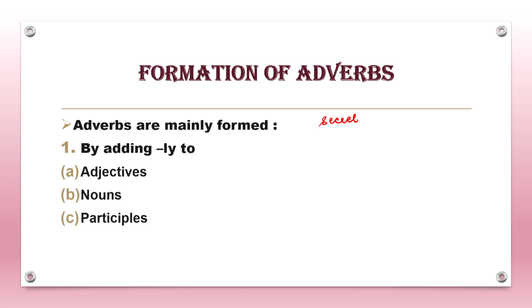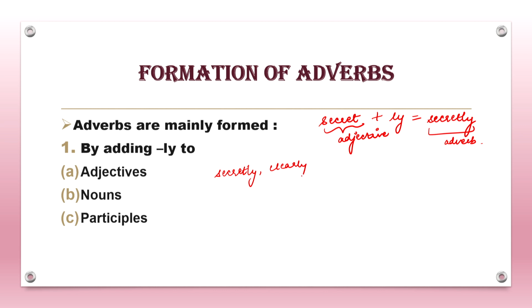See, secret. So, it is an adjective, right. Now, if we add ly to it, so what we will get? Secretly, which is your adverb. So, similarly, some more examples are secretly, clearly, wisely, foolishly, and so on.